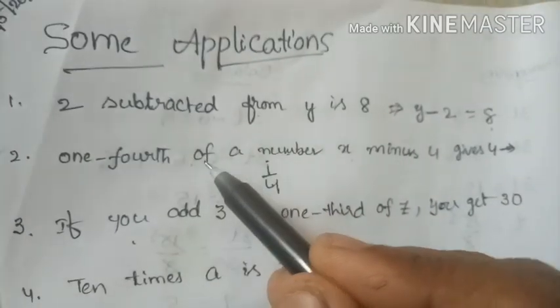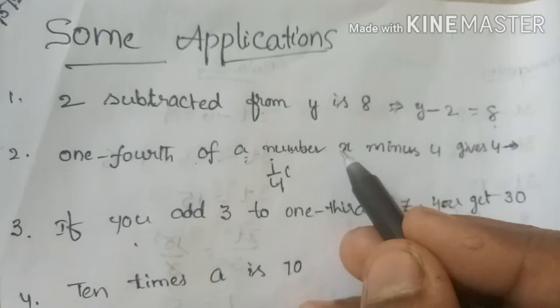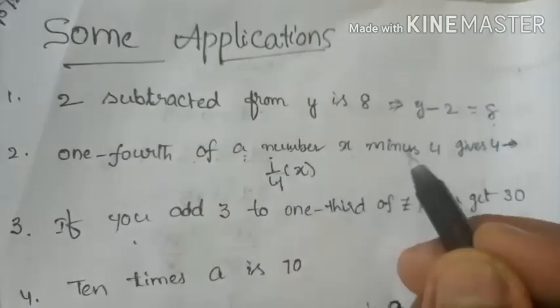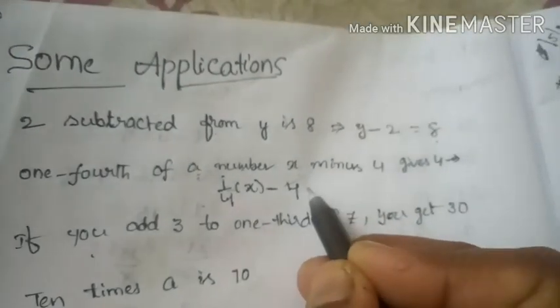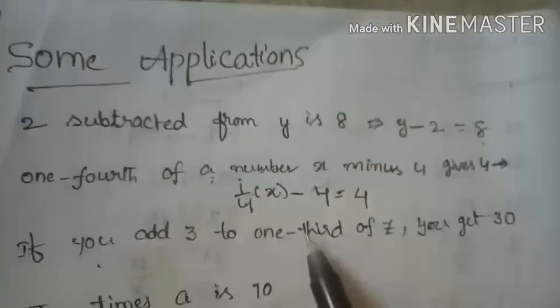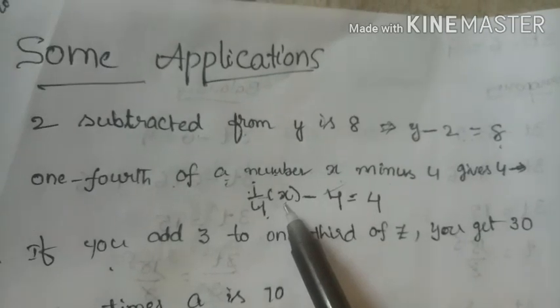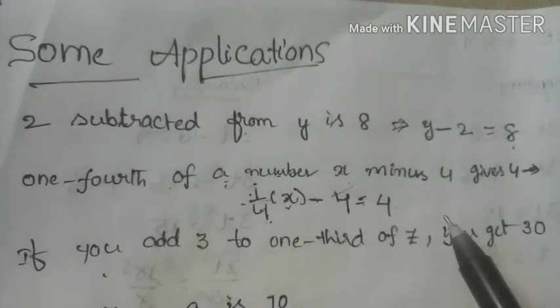Already I said of means into, a number. What is that number? x. 1/4 of a number minus 4 gives 4. Gives means equal to 4. So 1/4x minus 4 is equal to 4.